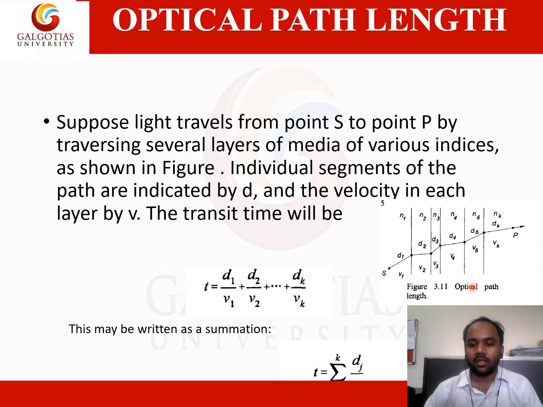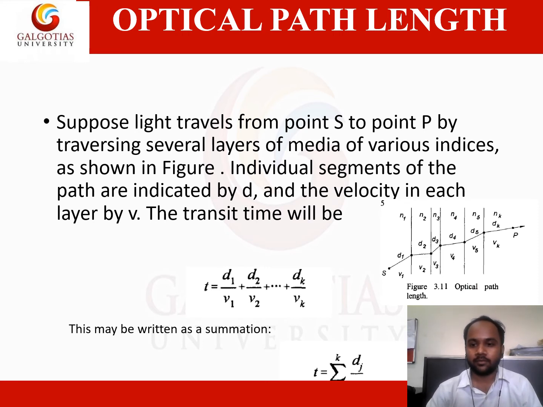Whereas if I am taking a map and scaling from Hyderabad to Delhi directly, that distance could be different. The distance is mostly similar, but the optical path length always tends to be greater than the minimum distance between two points.